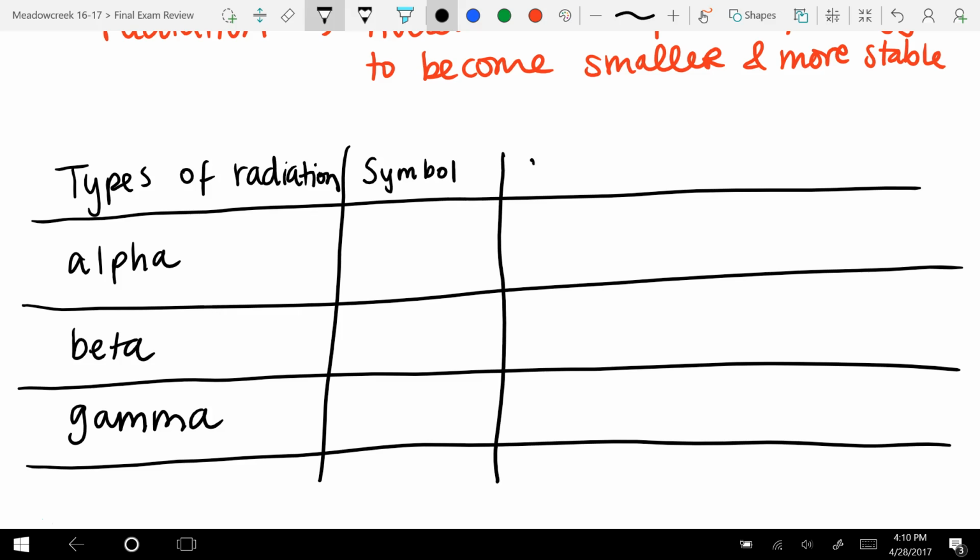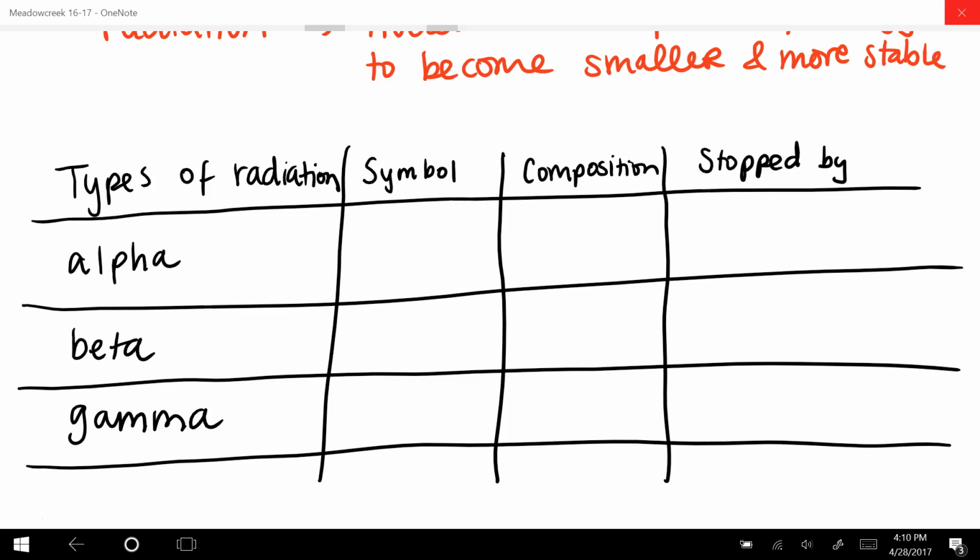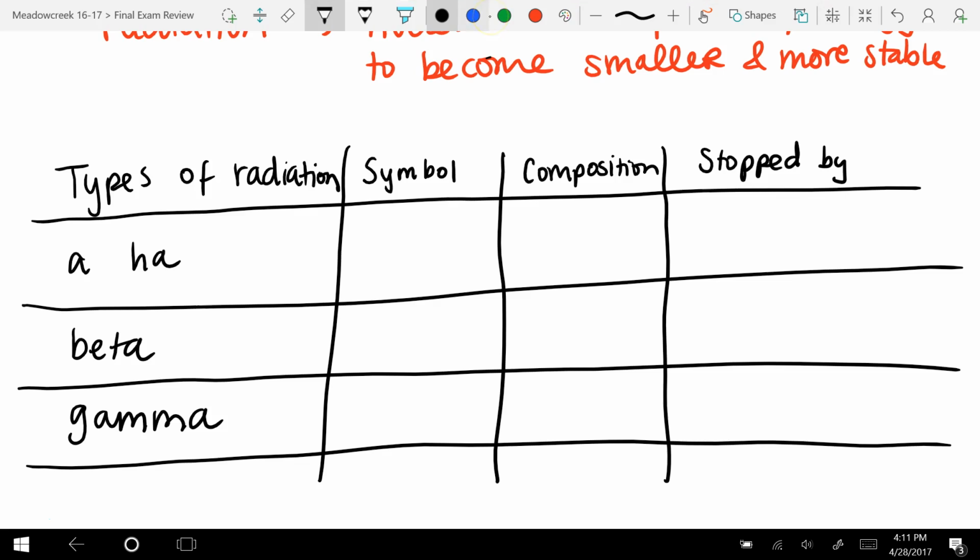They have a certain composition, or what they're made up of, what particles they emit, and what they can be stopped by. Because radiation, you're like, oh, Miss Nichols, I normally hear that when you're talking about cancer or things that are killing you, and that is true. But sometimes radiation can be good or it can be easily stopped. So let's look at the different types.